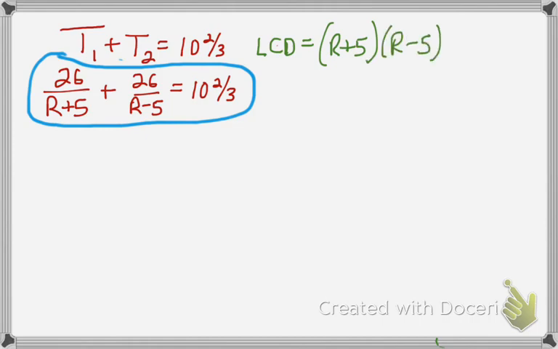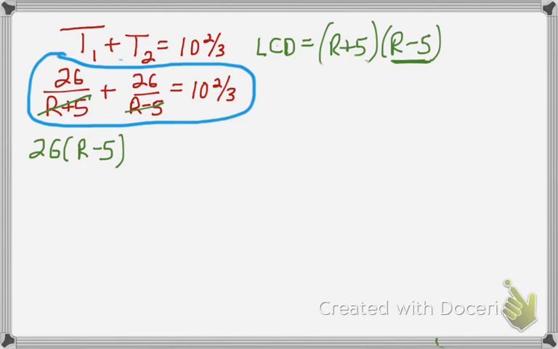So when we multiply this first fraction, this R plus 5 is going to divide out with this R plus 5, and we'll be left with 26 times R minus 5. And when we take the second fraction, we're going to have R minus 5, and that will divide out with this R minus 5.